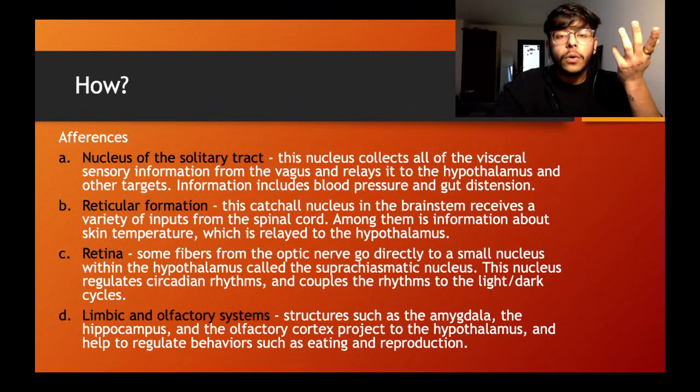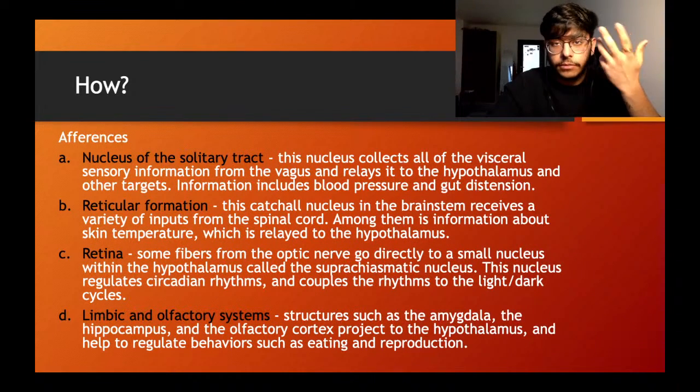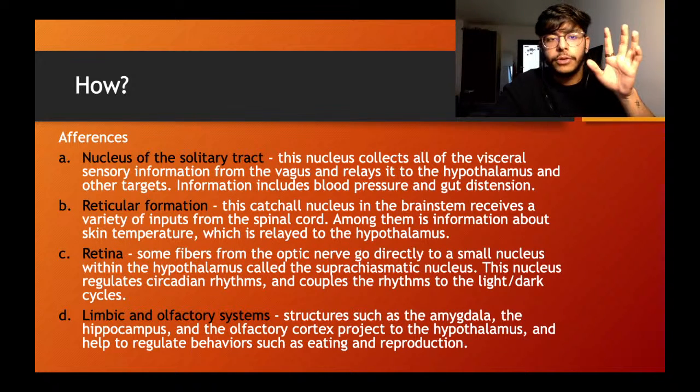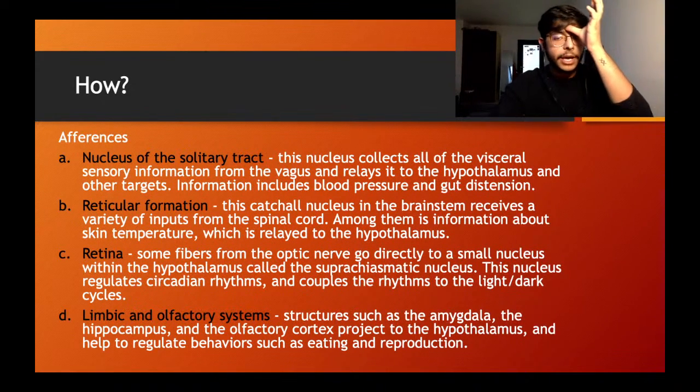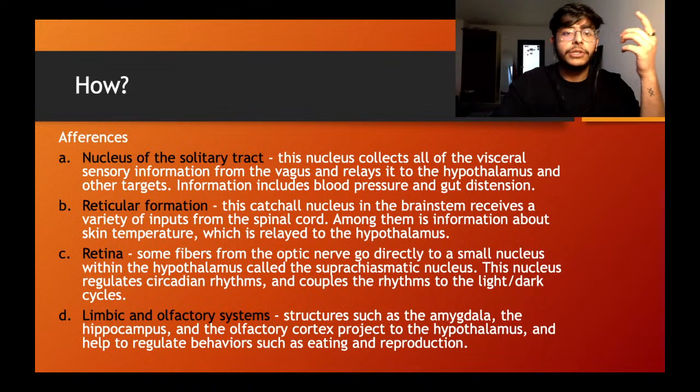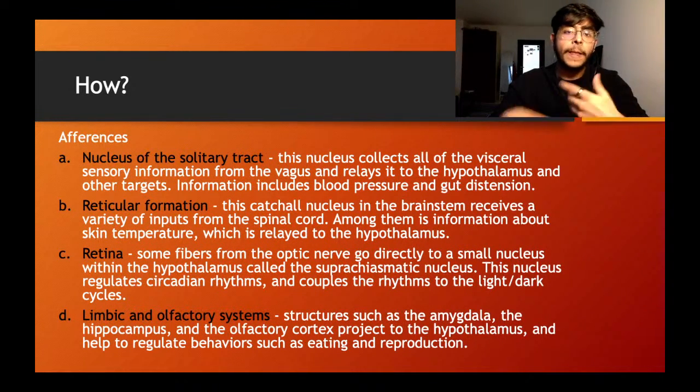So, how does the hypothalamus get information like that? This is just a few examples. There's a lot more, but let me go through them slowly. The nucleus of the solitary tract contains almost all visceral sensory information from the vagus nerve and relays it to the hypothalamus, which then has target and effector organs.